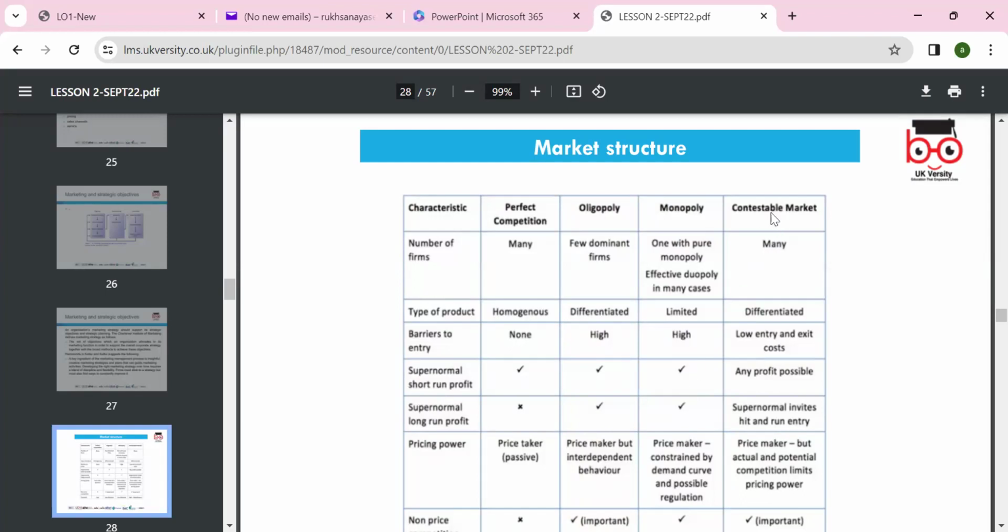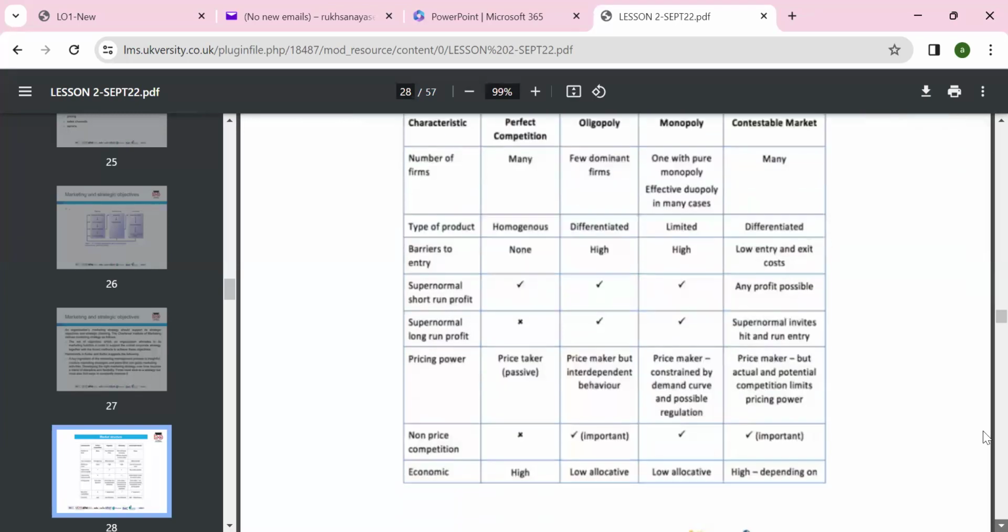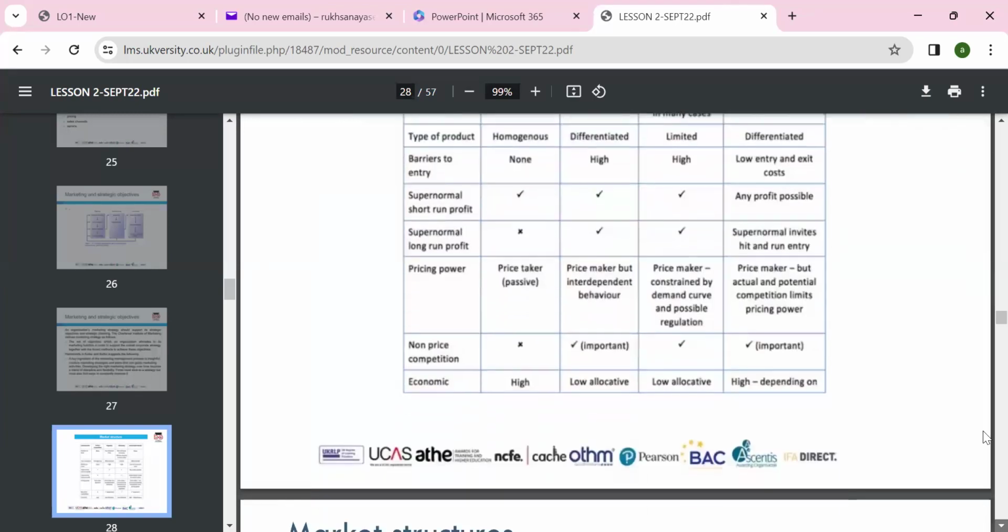Contestable market: there can be many companies, differentiated products, low entry cost, and any profit they can earn is supernormal; they are price makers, not price takers. So that's the key to market structure.